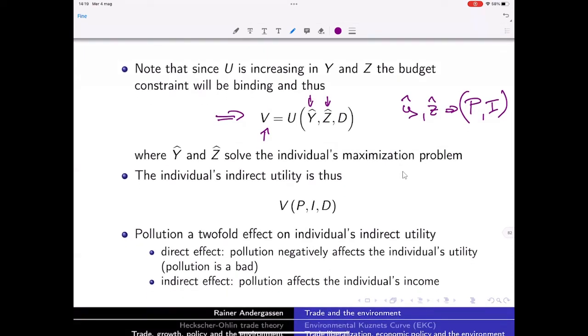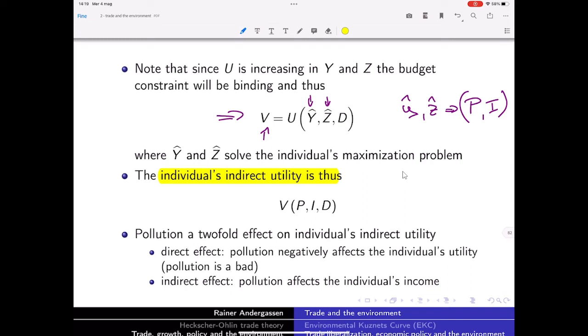So what I can do now is investigate how the individual's indirect utility function changes as pollution changes, and then also as the price changes.